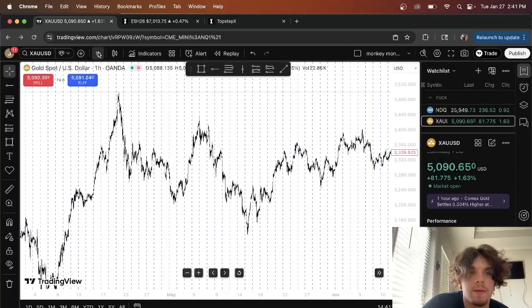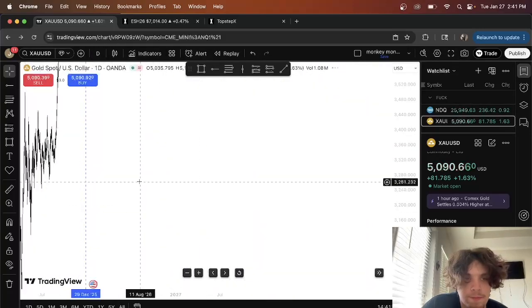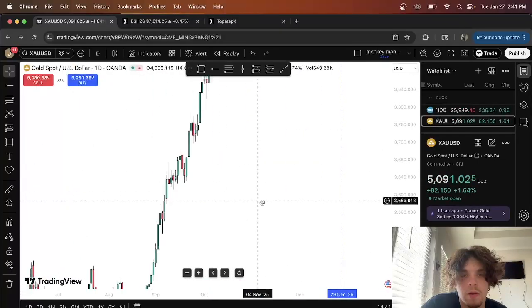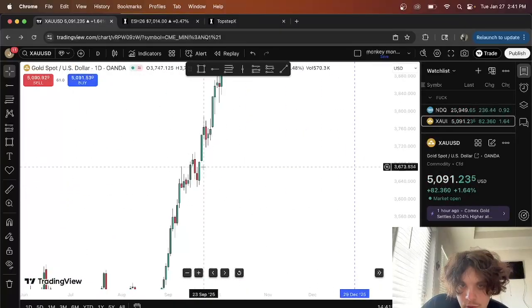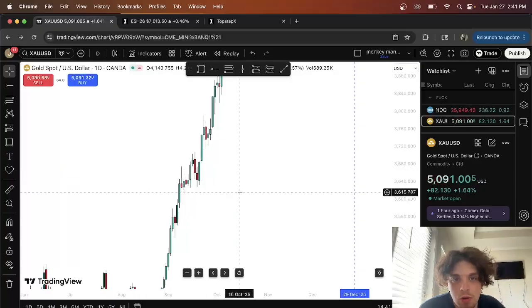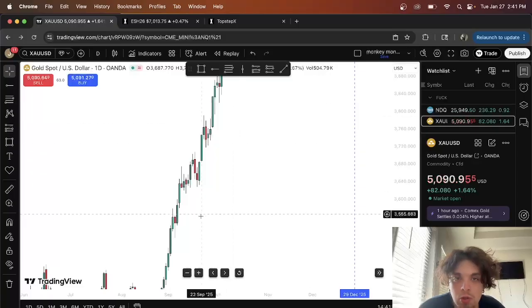So, on the day, this is actually a really good example. On the day, you'll have this red candle, and on the hourly chart you'll be like, oh my god, we're going to the floor. And then you go to the daily time frame, and it's just a move down so it can go higher, which is called retracement.